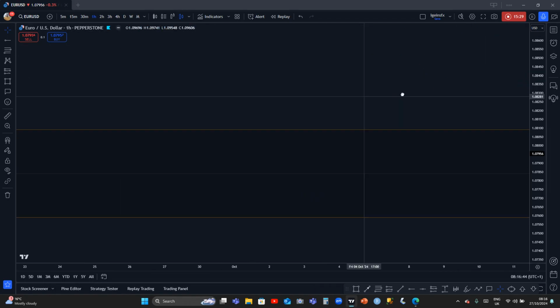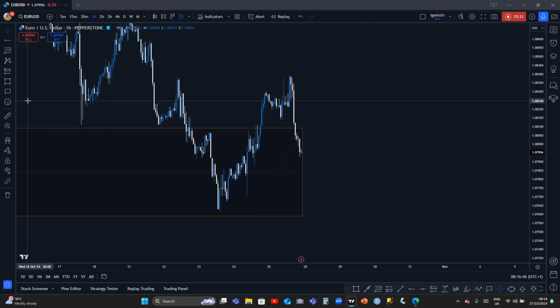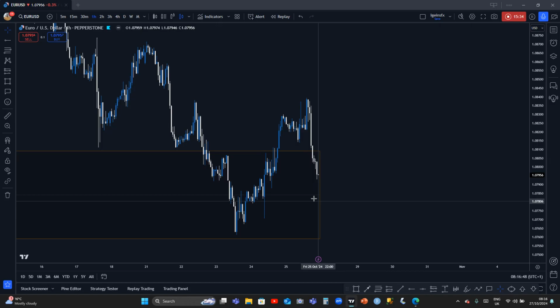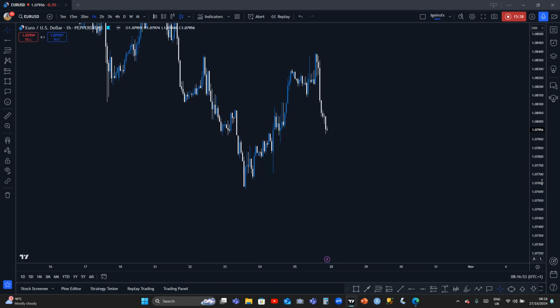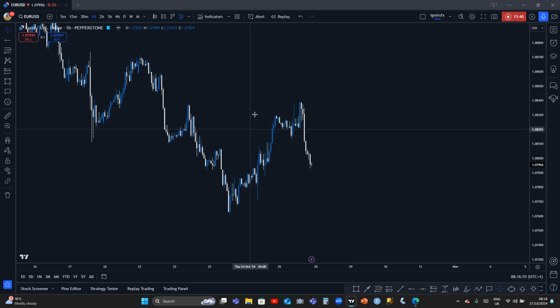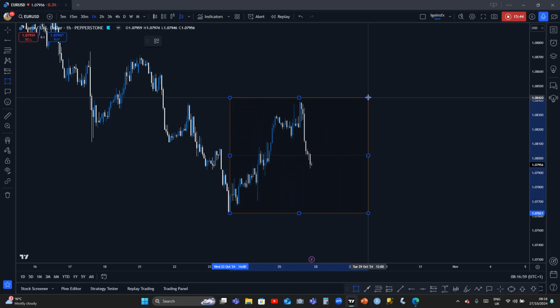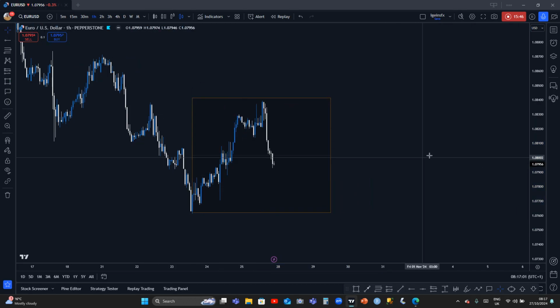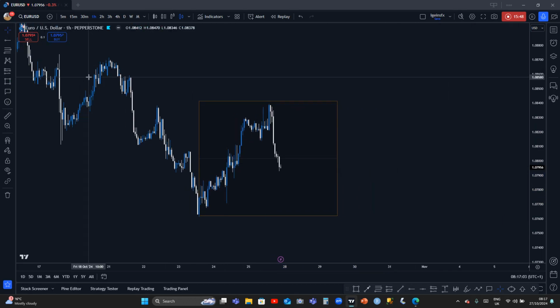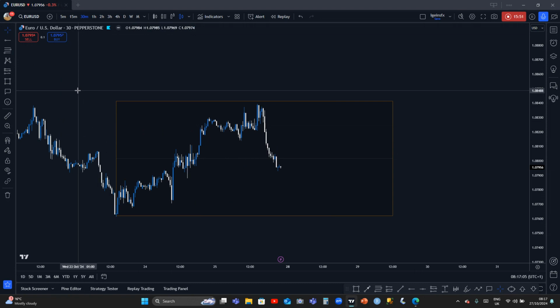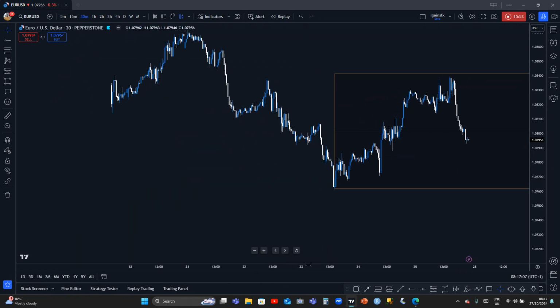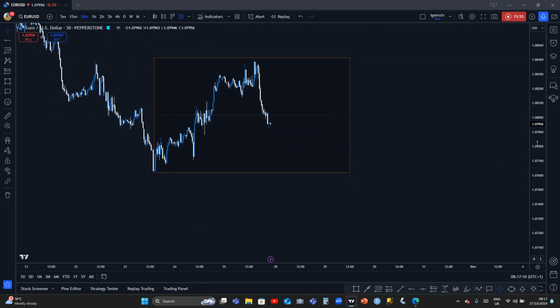So from that 1 hour point of view, you can see that this one here is no longer valid. All right, we should be considering this leg here. We should be considering this place here. So all we need to do is to scale down to the 30 minutes to see if we can refine more our entry.